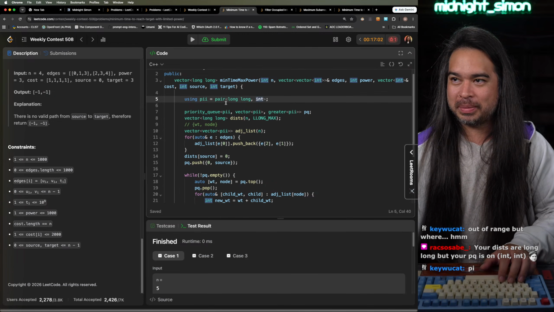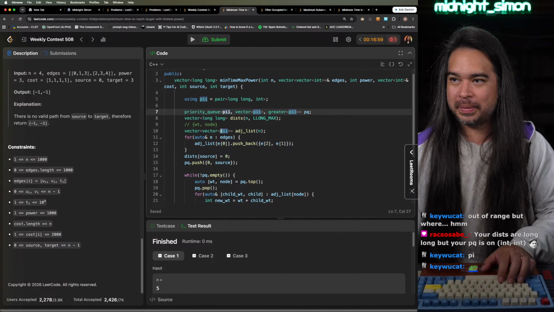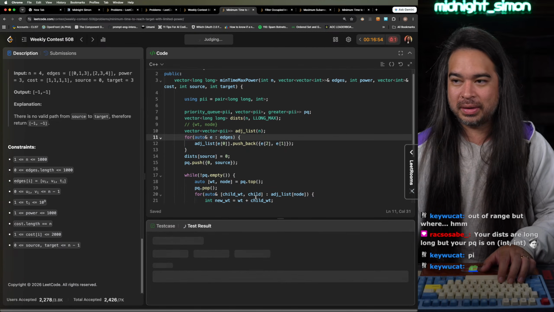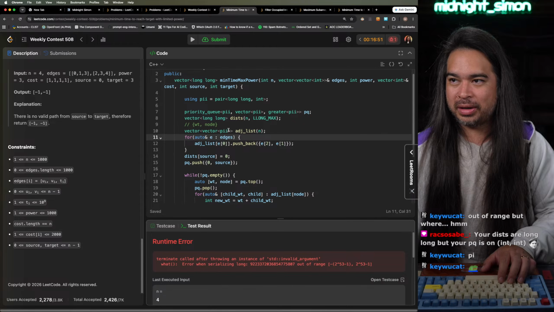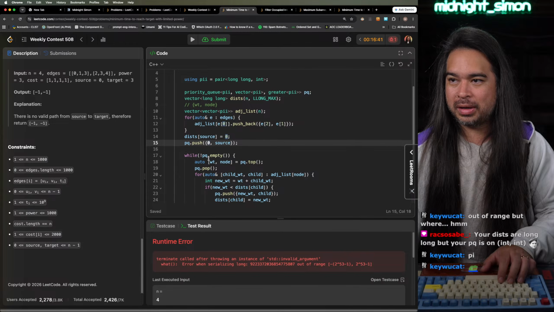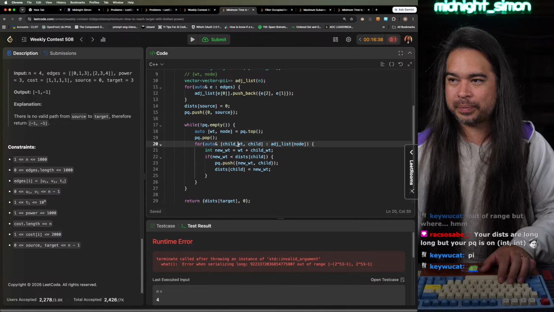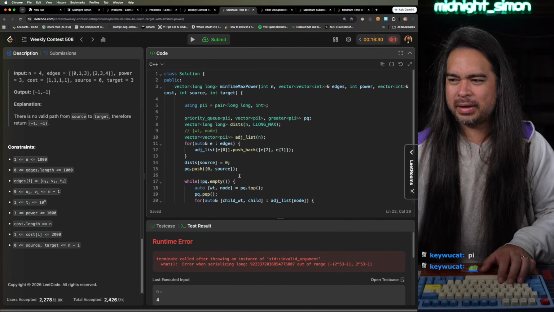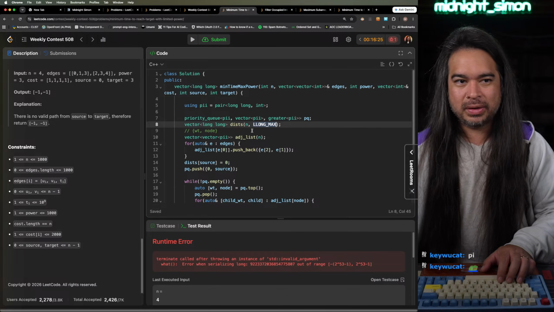Alright, which one is my... That's my node. And that is my thing. But then still... Alright. Pair long. That's my weight. I still don't know where it's tripping, man. Because shouldn't this be alright?